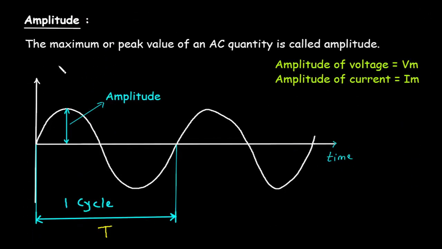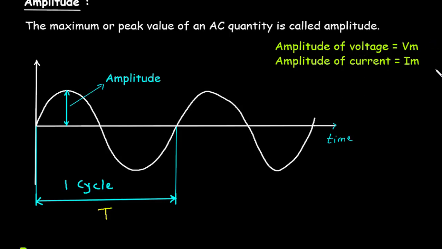Then next is amplitude. The maximum or peak value of an AC quantity is called amplitude. Now here we can see this is the amplitude of this sine waveform. This is the maximum or peak value of this sine waveform, so it will be the amplitude of that waveform.